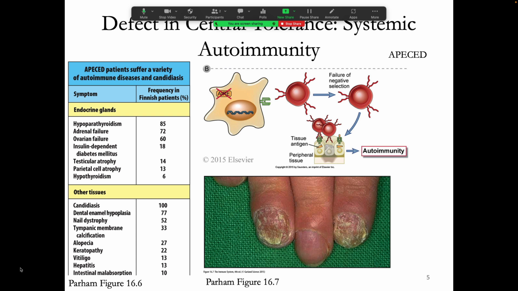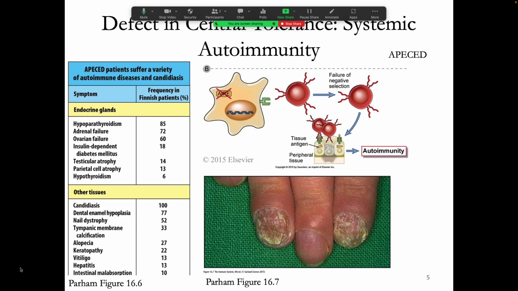These patients have this large number of different symptoms because we see a defect in central tolerance. Specifically, these patients are missing AIRE. They don't have the gene encoding AIRE, or they have a mutation in that gene, so they can't make the functional protein.